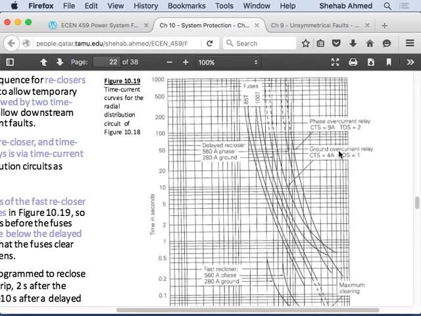So that's why the ground overcurrent relay acts before the phase overcurrent relay, because the phase overcurrent relay would look at a higher value of fault current due to maybe a three-phase balanced fault. But if the recloser stuff doesn't work and the fuse stuff doesn't work, then maybe it's a single line to ground or a double line to ground fault. The way you detect that is first using the ground overcurrent relay.